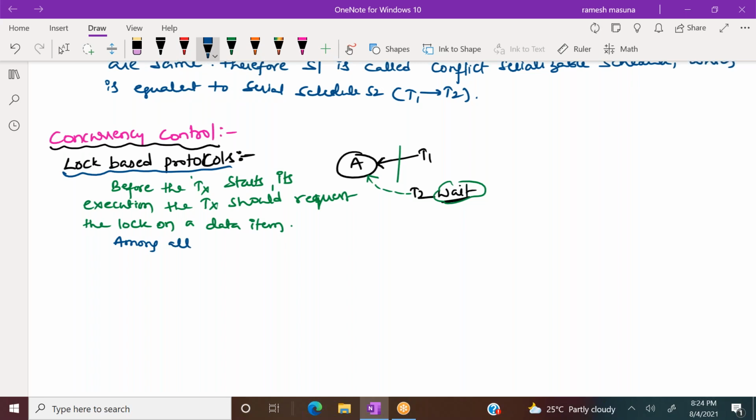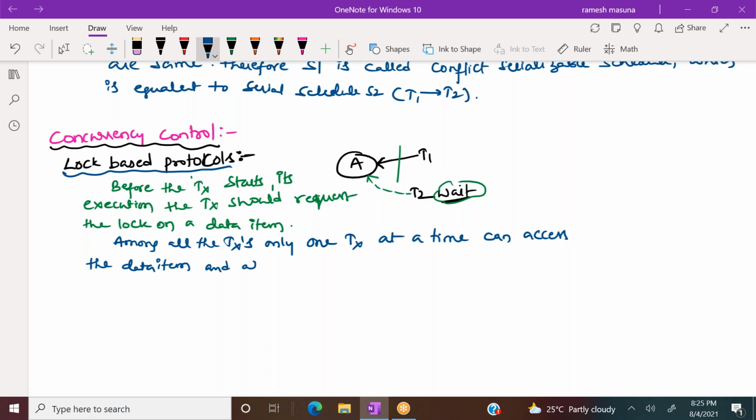Among all the transactions, only one transaction at a time can access the data item, right?